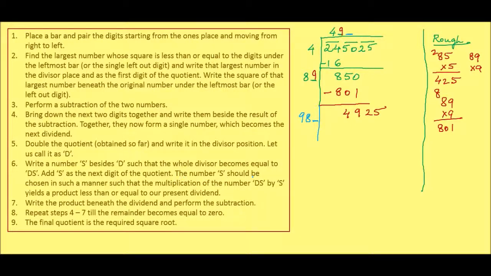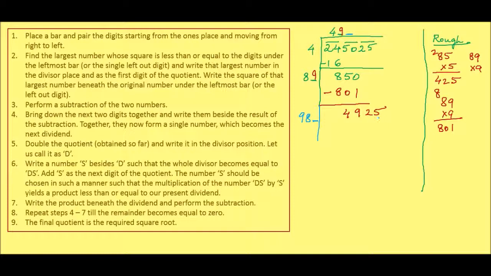The number S should be chosen in such a manner that the multiplication of the number DS by S yields a product less than or equal to our present dividend. Whatever number we take over here, the whole 3-digit number multiplied with that single digit should give us a product which should be equal to 4925 or less than 4925.